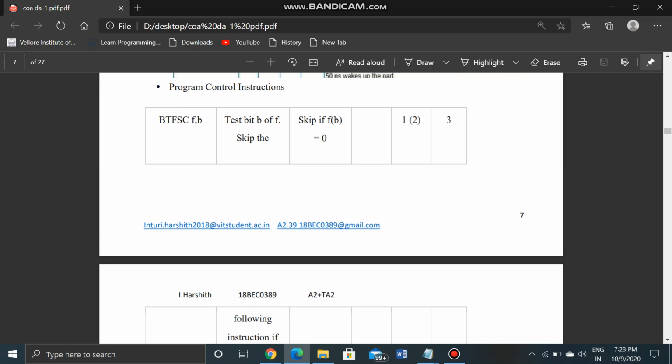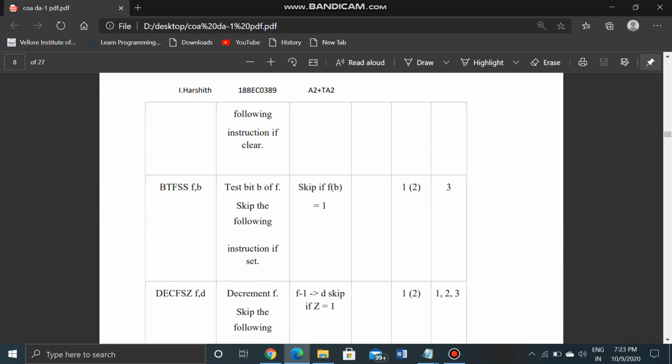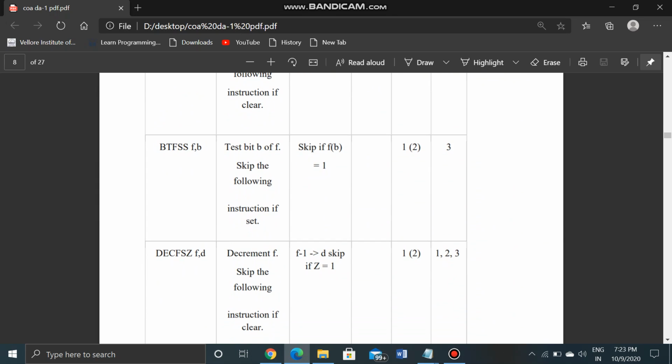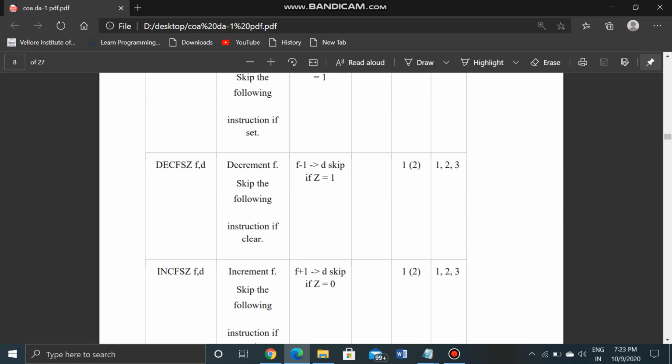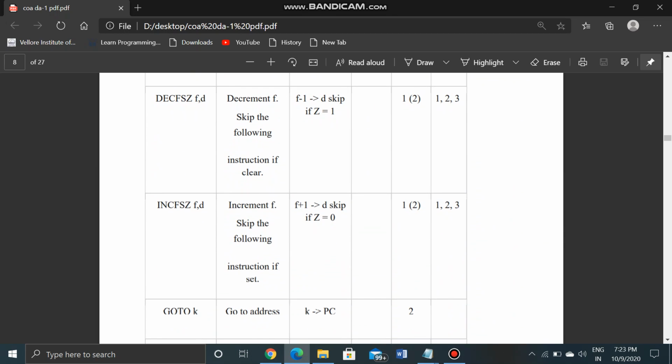The first one is BTFSC, bitwise. It checks whether the bit is 0 or not. If the bit is 0, it skips the next instruction. BTFSS checks whether the bit is 1 or not. DECFSZ: if Z equals 1, it decrements f by 1. INCFSZ: if Z equals 0, it increments f by 1.